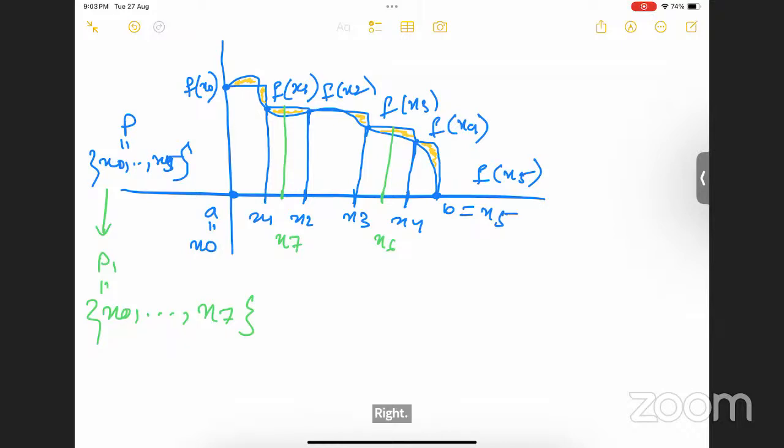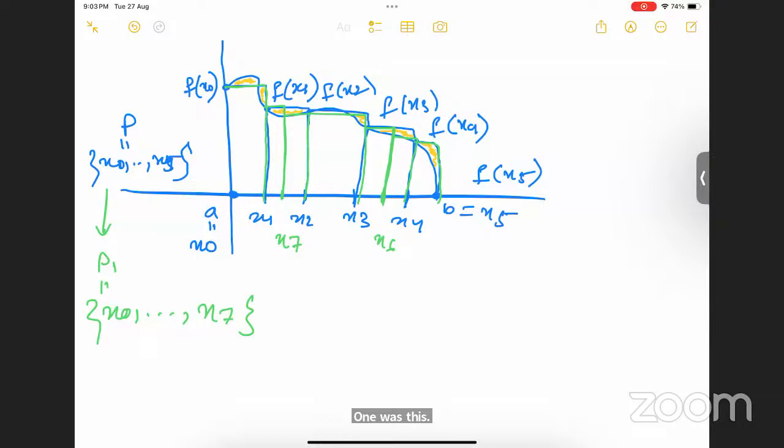So what will be our new set of rectangles? One is this, second one is this, third one is this, and fourth one was this. Fifth one was this, sixth one was this, and seventh one was this.